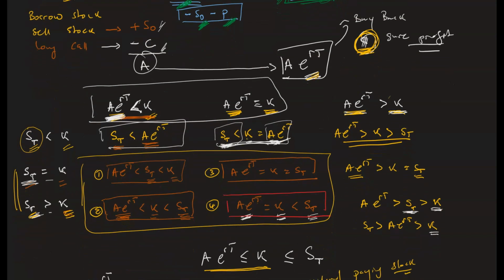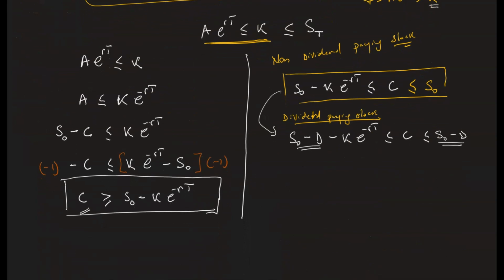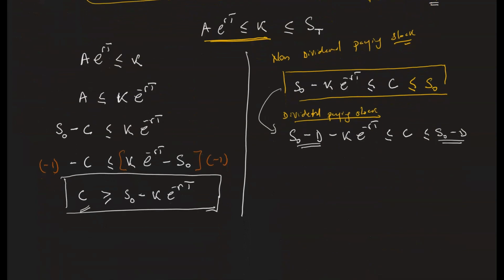And so the process would be the same, and the outcome that you would obtain if you were to replicate the work that I just did here for a call would be the following. You would have the strike price present value minus the stock price less than or equal to our put option premium, which would be less than or equal to the present value of the strike.